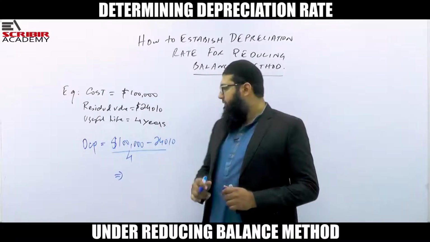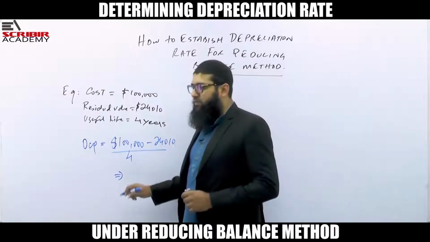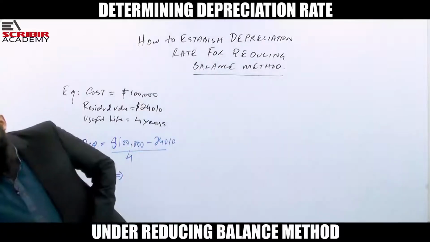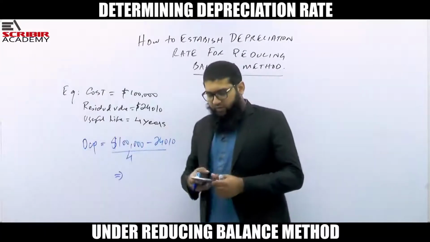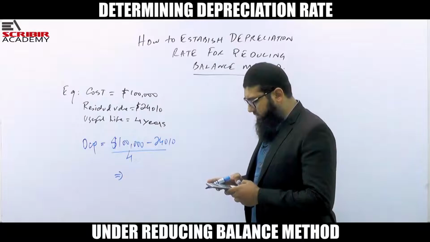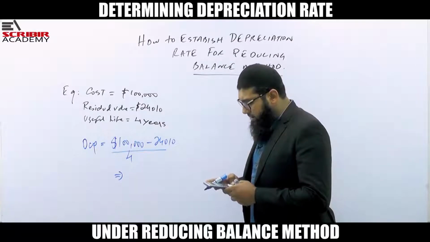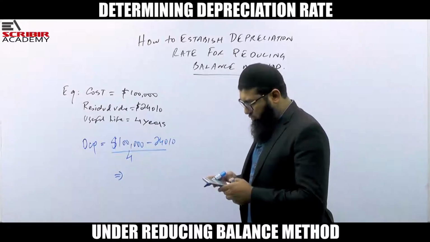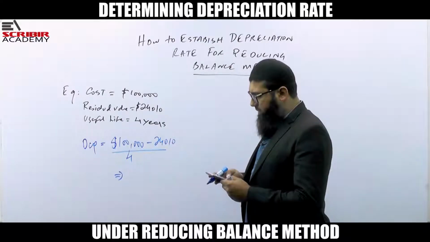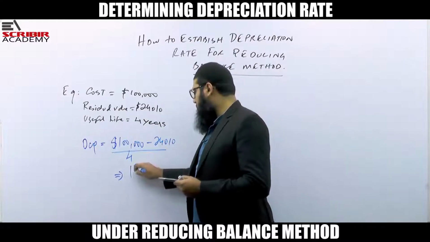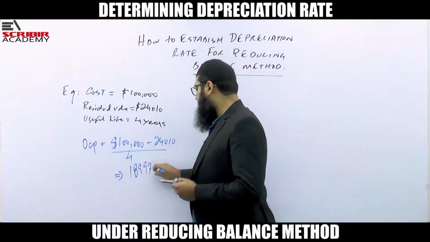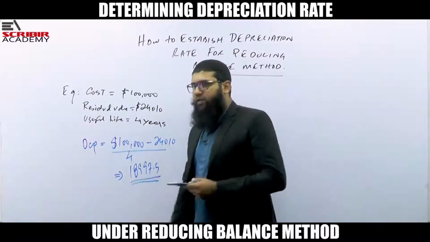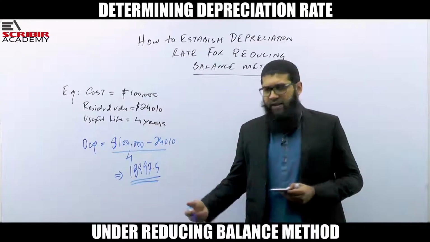This is quite an easy method to handle. So you end up getting a depreciation of 18,997.5 per year, or 18,998.